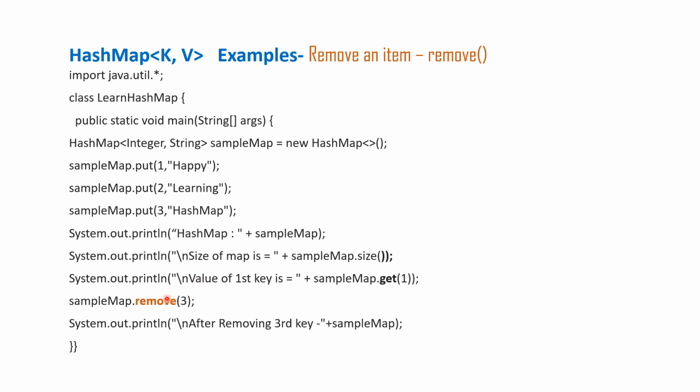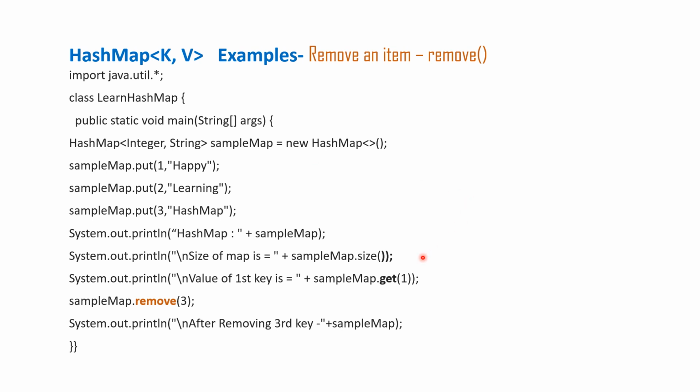So I'm giving the remove method, and I'm removing the third key, the third entry. We have to mention the key here. By mentioning the key itself, the entry of that particular key along with its value will get removed for us. So sampleMap dot remove of 3, and then I'm printing after removing the third key. I'm just checking whether the map is getting the remaining values or not.